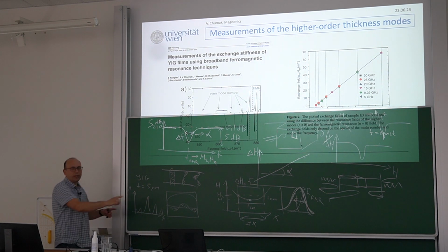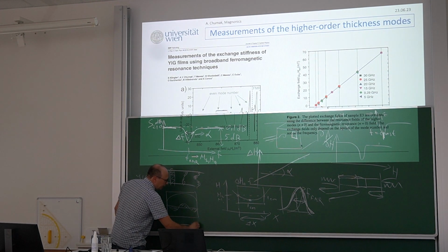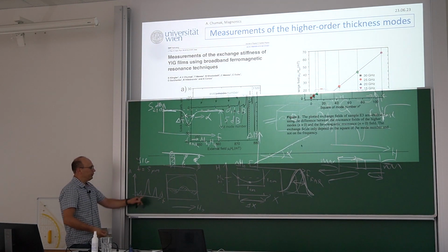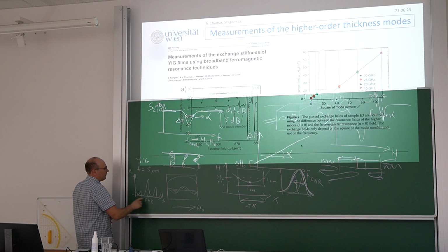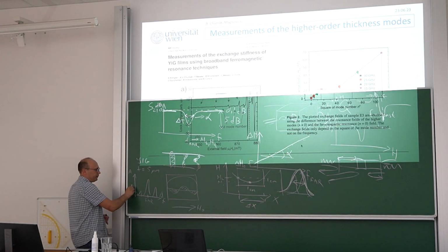Most likely in both directions, to the left and to the right. If you have magnetized it in this direction, H0, then this will be your FMR, and this will be backward volume waves.